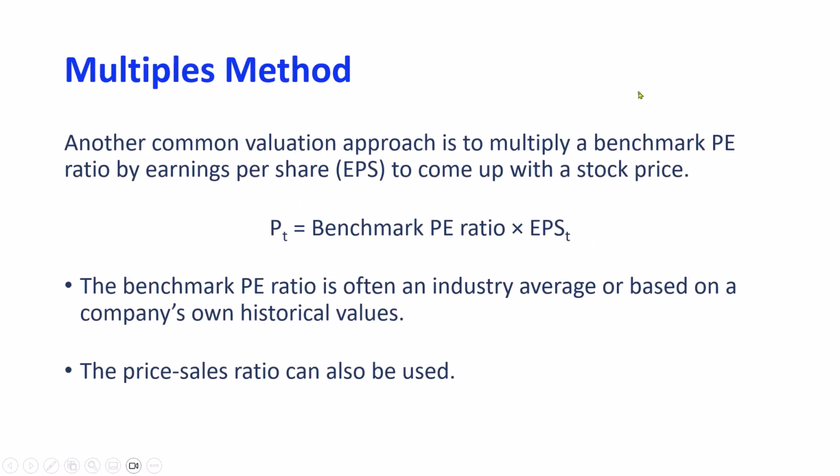In the multiples approach, which is another common way of valuation, we need to multiply a benchmark PE ratio by earnings per share to come up with the stock price. This benchmark PE ratio is usually an industry average or based on the company's own historical values.